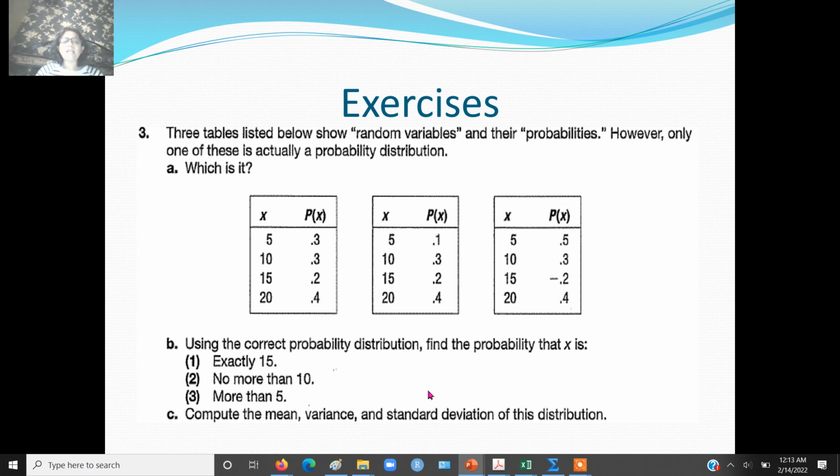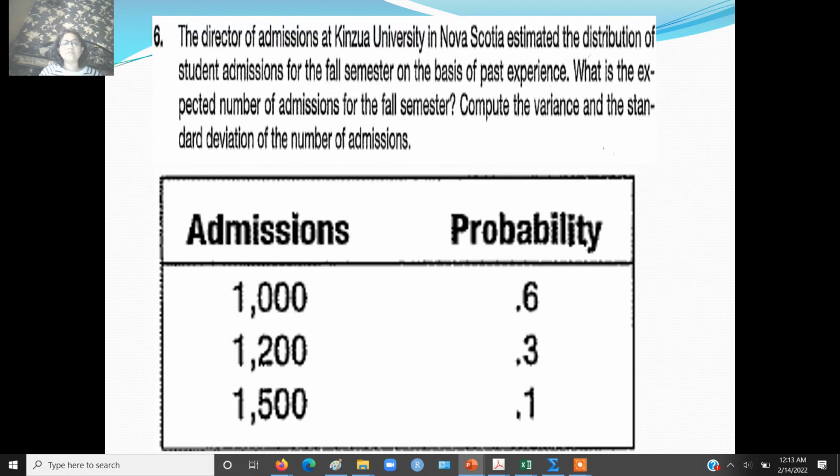Now you can easily calculate the mean, variance and standard deviation based on the ideas that I have discussed in the video lecture. We have another example here, and although it's similar, the reason I'll focus on it is this: let's say you are the director of admissions, and the probability that you are going to admit 1000 students is 0.6. The probability that you are going to admit 1200 students is 0.3, and so on.